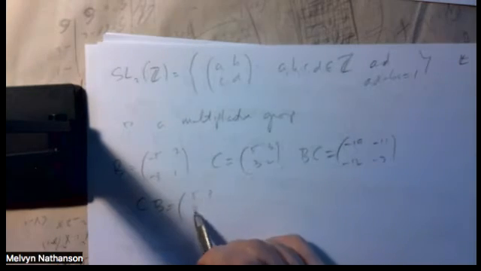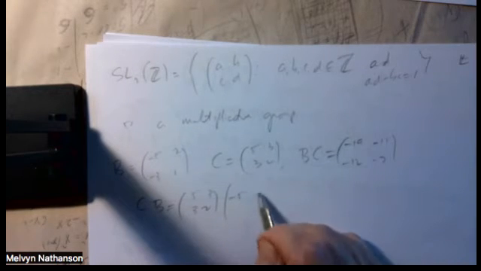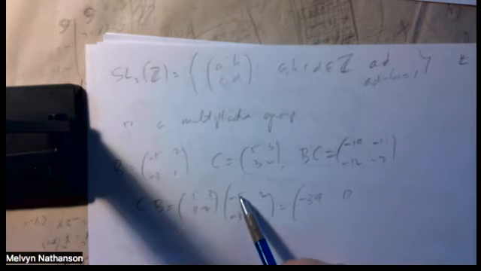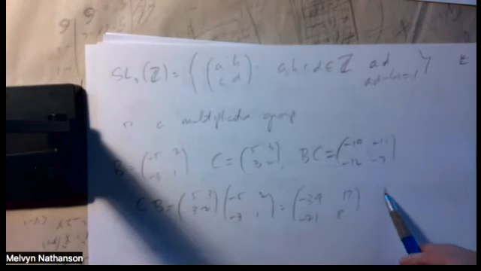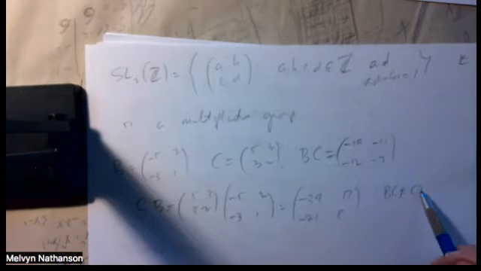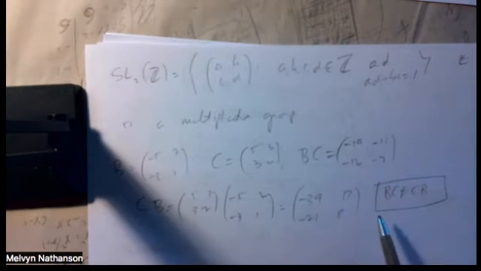C is (5, 3, 3, 2). B is (minus 5, 2, minus 3, 1). When I multiply these, I get minus 25 minus 9, that's minus 34. 10 plus 3 is 13. Minus 15 minus 6 is minus 21. 6 plus 2 is 8. So that's CB. And when I compare these two, I notice, this is important, BC is not equal to CB. So this group is non-abelian. It is not commutative.